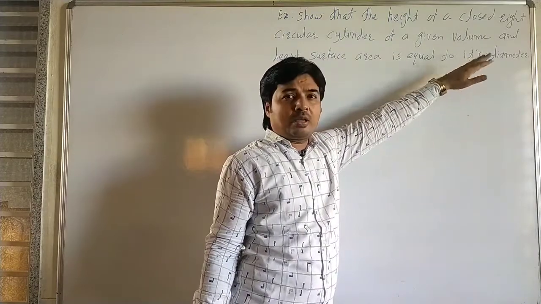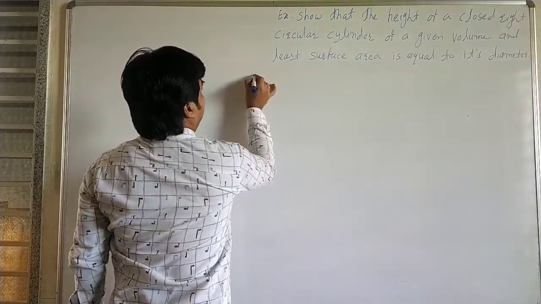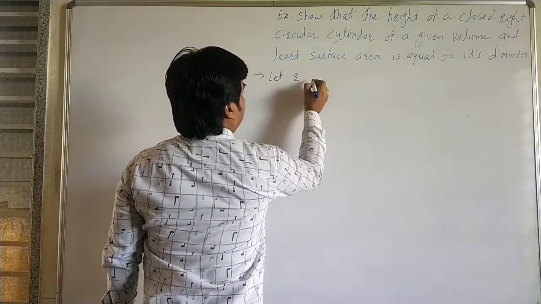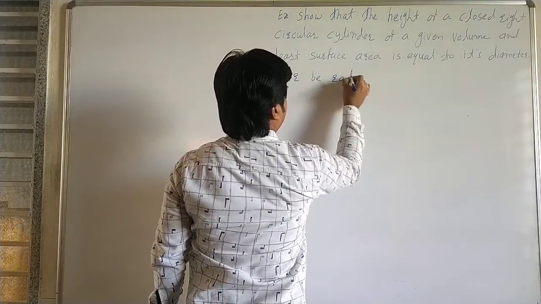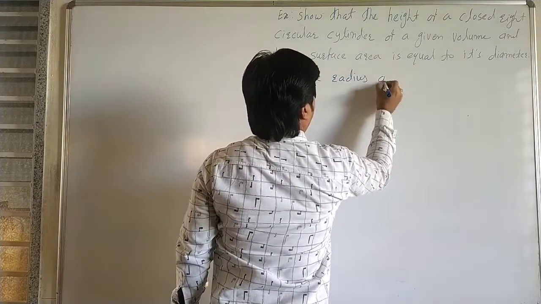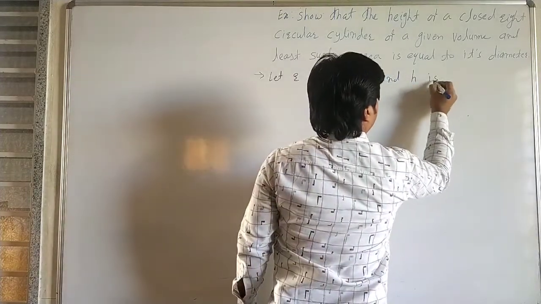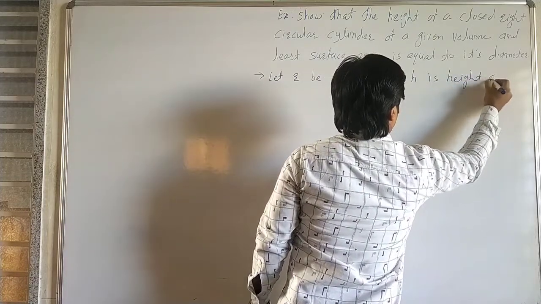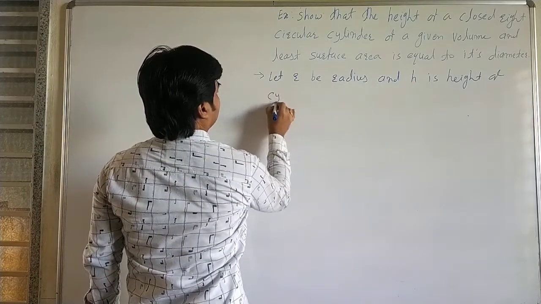Then here let r be the radius and h is the height of the cylinder.